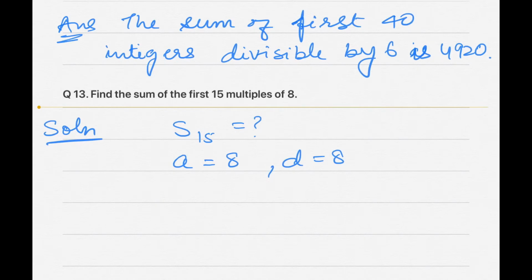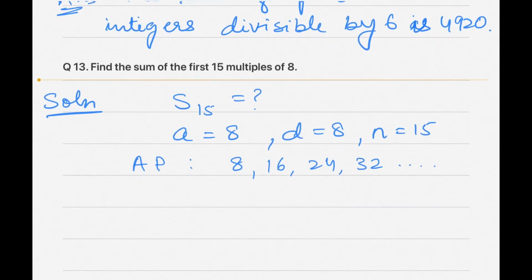And n is also equal to 15. So I know all these things. Now I have to find out the AP. The AP is 8, 16, 24, 32 and so on up to 15 terms, right? Every time you can see that 8 is added, so it forms an AP, correct?